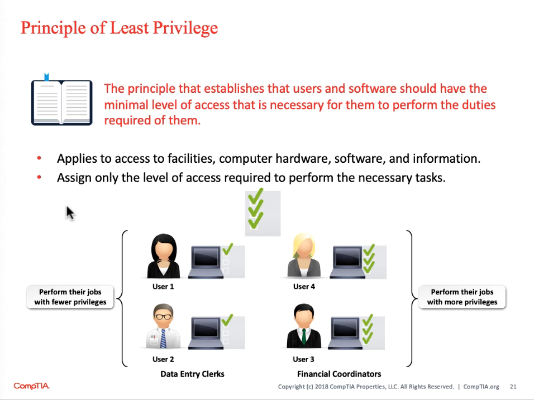They have their own key for that, and then they have a key for pretty much every door in the building, because they need to clean in there. And then you have a person in IT. Well, guess what? The person in IT does not have a key for every door in the building. The person in IT will have a key for their part, for their room, their part of the building.